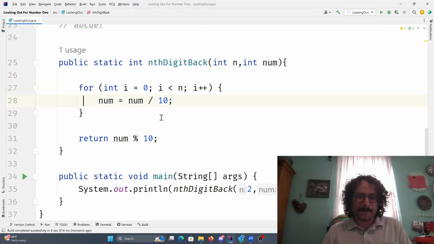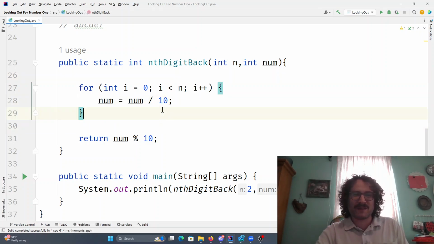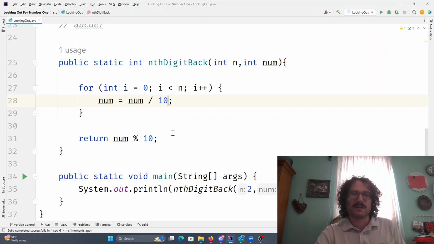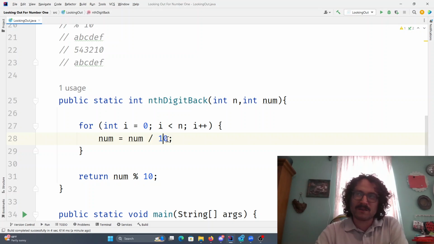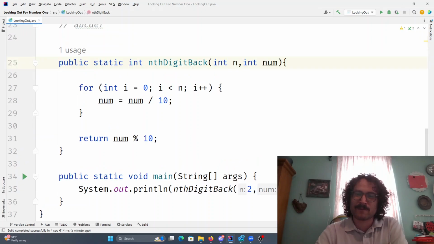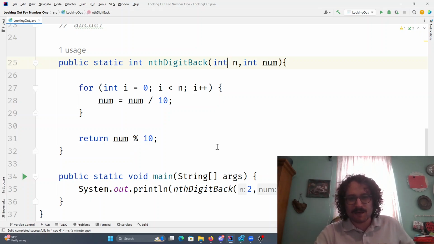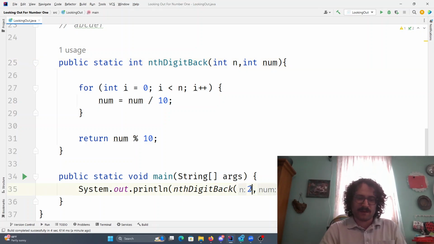But also, since we know this is 10 to the however many power, we could simply multiply 10 together that many times. We could also generate 10 to the nth power. That would be a fair move to do. And then simply divide that and then mod that. But yeah, that works. Let's go ahead and just test a few more things.